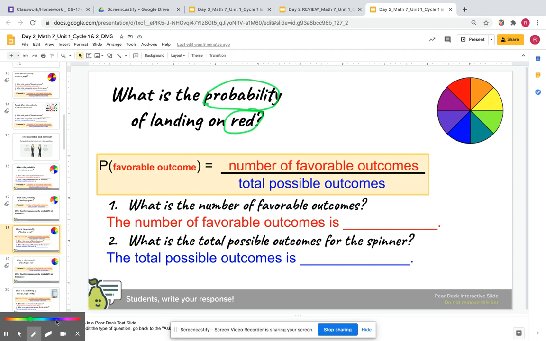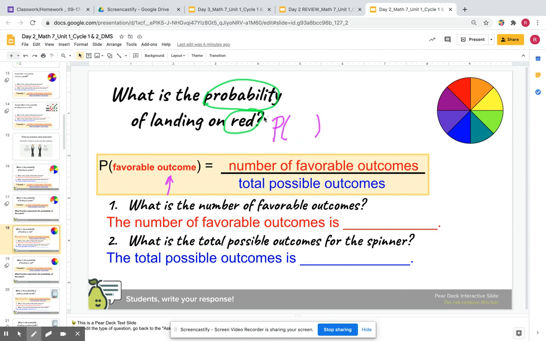And we have some guiding questions to help you out. So, as we kind of discussed, this is a fraction. Basically, this equation will create a fraction. And we start off by writing the letter P for probability. And we include some parentheses because this is actually a function. It takes in some type of favorable outcome and creates a fraction.